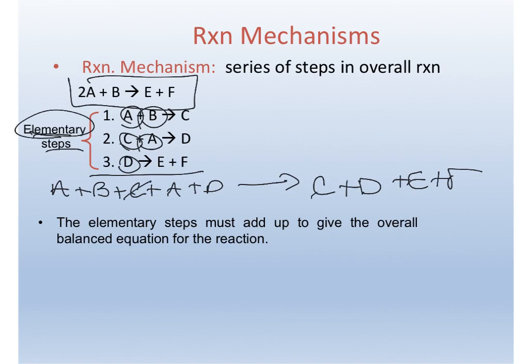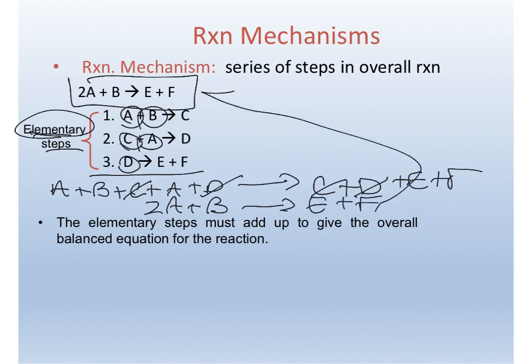So we have C on both sides, we have D on both sides. And so what we end up with is 2A plus B gives E plus F, which is good. So that means that these elementary steps support this overall reaction, and so far they could actually be the mechanism.